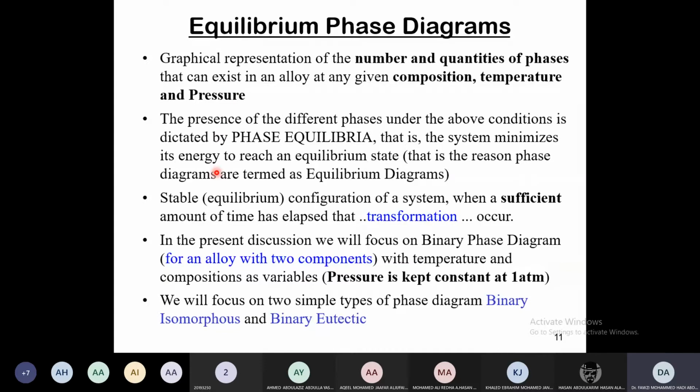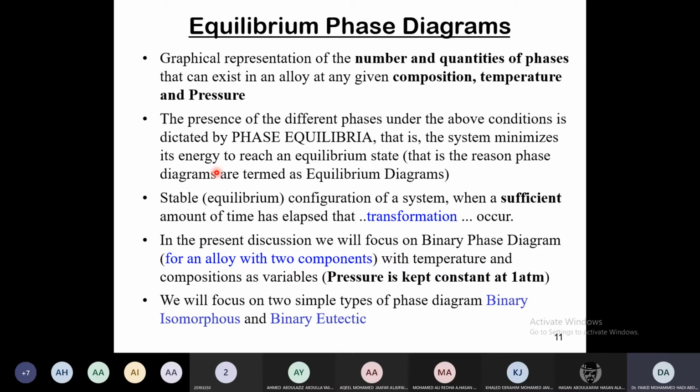In order for it to transform from a certain crystal structure or phase to another phase, it requires time because the diffusion process in the solid is slow. So you need to give it enough time for the diffusion process, which is the movement of the atoms, in order for the transformation to complete.